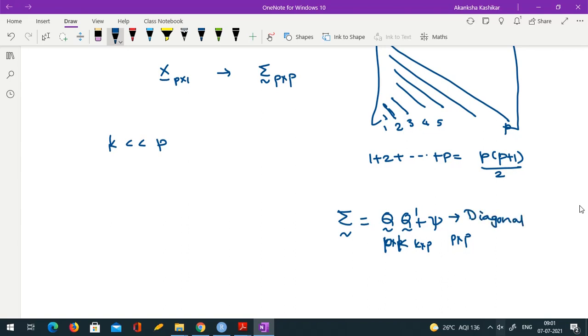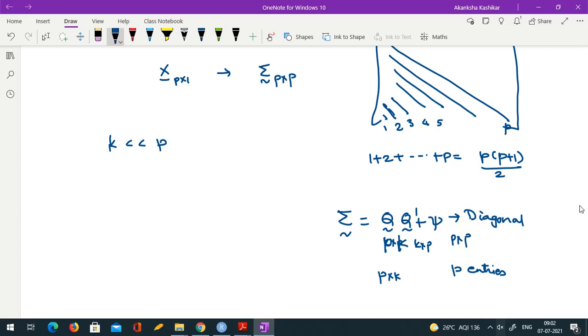So from psi only p entries need to be estimated, others are constrained to be 0. From Q all p into k entries need to be estimated, because Q is not a square matrix, so there is no question of symmetry. So pk entries from Q and p entries from psi need to be estimated.